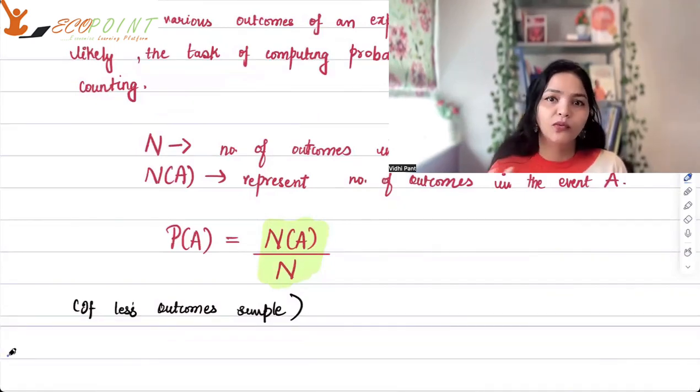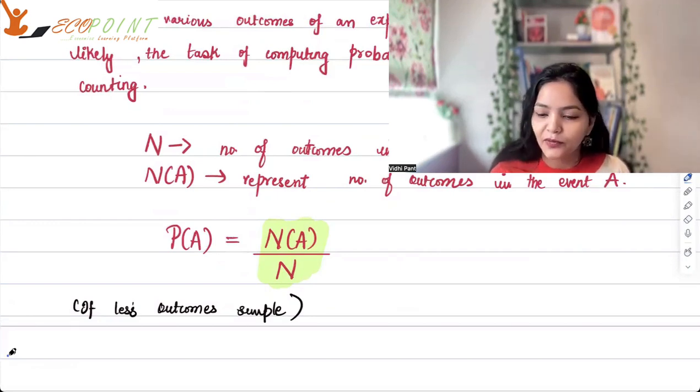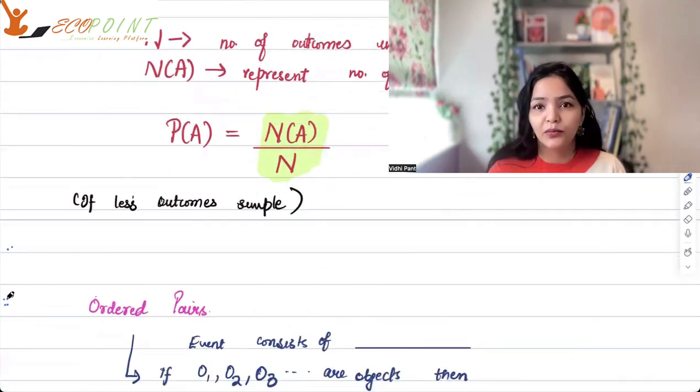But when you have too many outcomes and many possibilities in an experiment, then sometimes it becomes a little difficult to create each outcome. That is why we should know certain rules of counting so that we can make this task as easy as possible for us. One such rule is associated with ordered pairs.